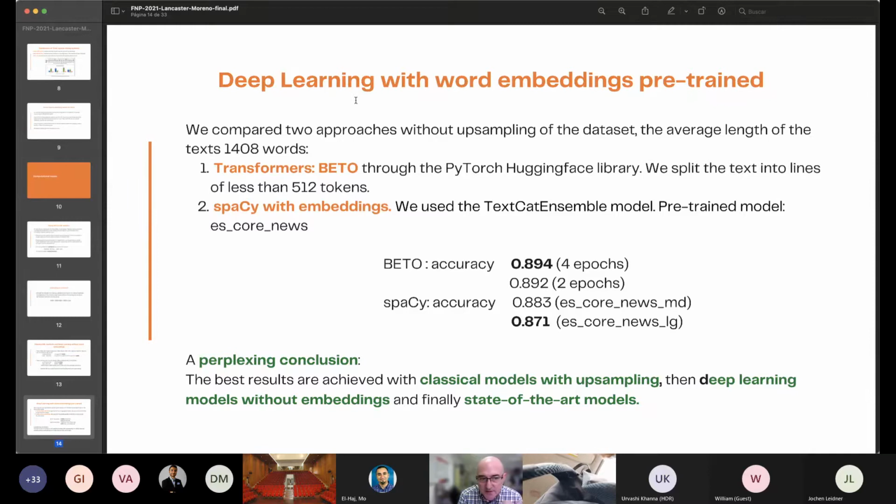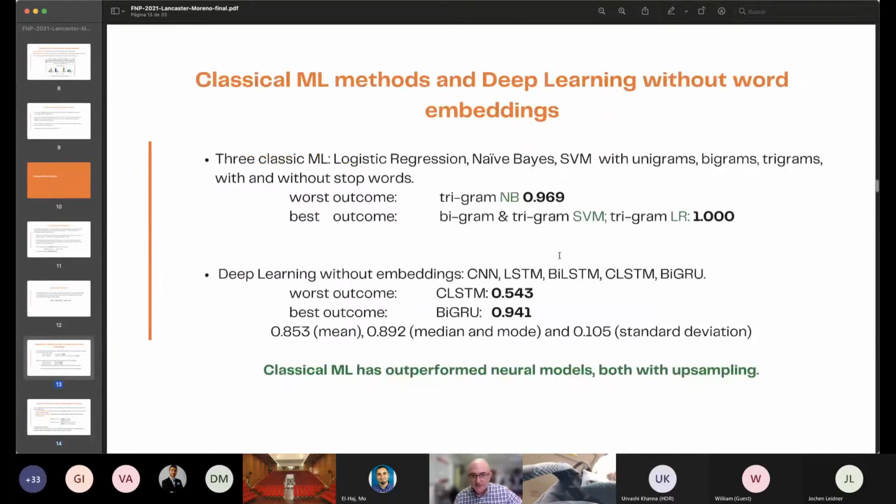We use transformers and spaCy. For the transformer, we use BETO, which is developed by the Chilean University, and for spaCy with the embeddings, we use the pre-trained model Moreno. And we got these very close results, better with the transformer developed by the Chilean university, but they don't get the results that we obtain with the upsampling.